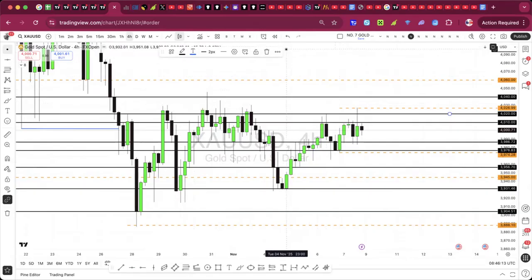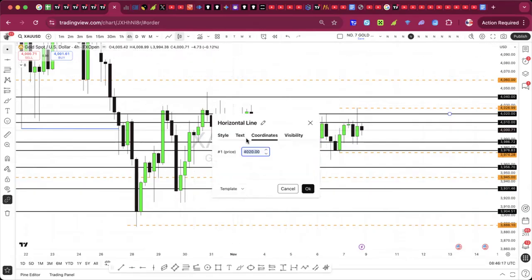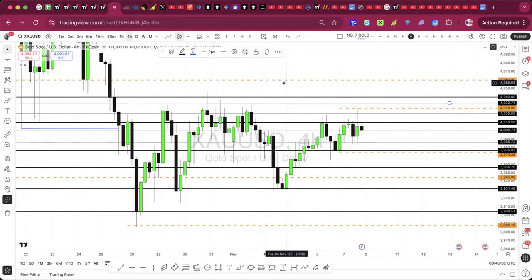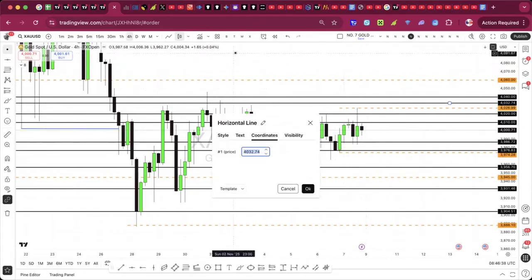This one, I thought we had created this one, or we did not clone it or something. 4020. So this is 4020. 4030 should be the next. 4020, so that was 4030.